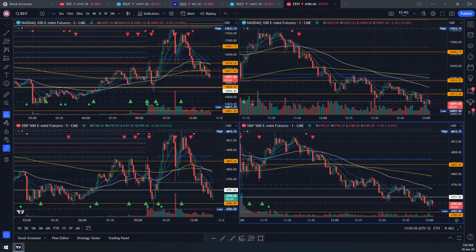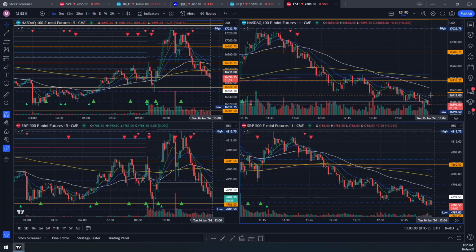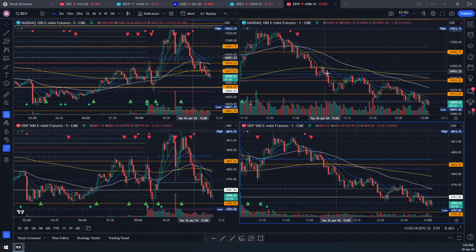What I'm looking for right now on NQ or ES is to see if it pops up. We are trying to catch a false breakout to the upside. On my charts, the green line is my 9 EMA, the blue is 20, the yellow is 200, and the white is 60.